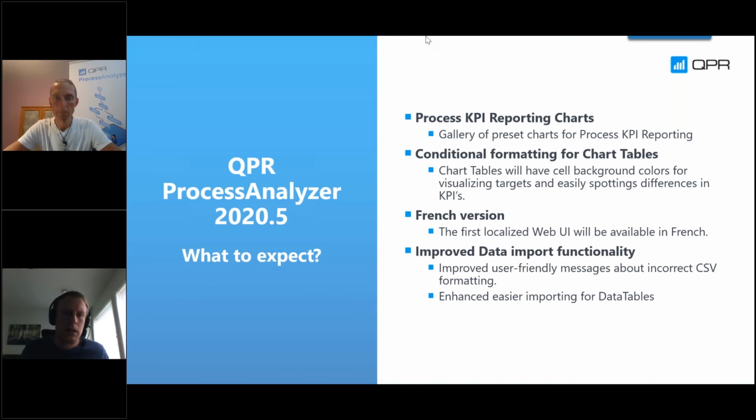And then also when importing directly to the data tables, that is also made easier in the next release. All right, but the next release we expect to be out at the end of this month. Yeah, that's all for the next release.